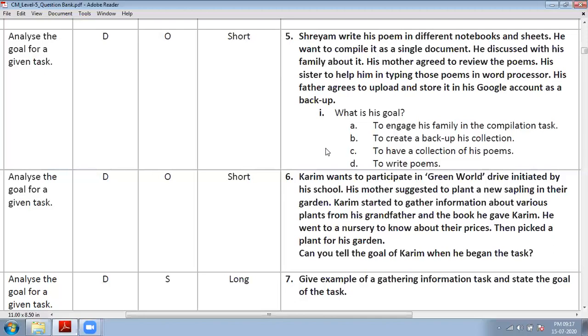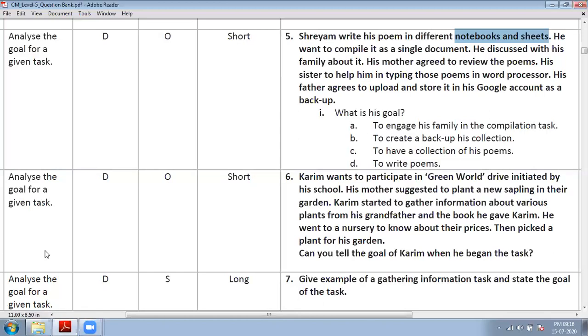Here, first he is writing poems in different notebooks and sheets. After that he wants to compile all the poems. After that he is discussing it, his mother agrees to review, and after that all the poems are typed in a word processor. It is all about the poems. So you have to choose the best option.